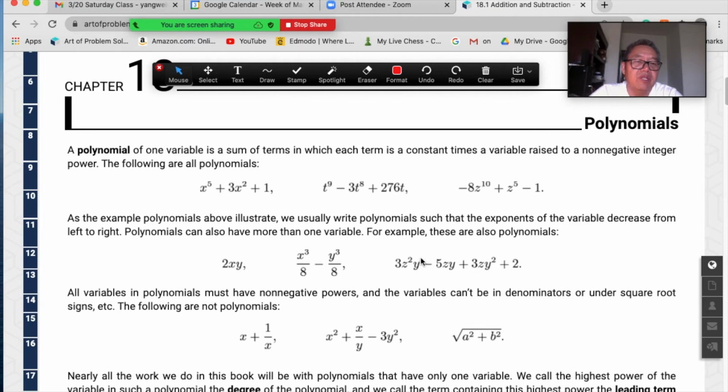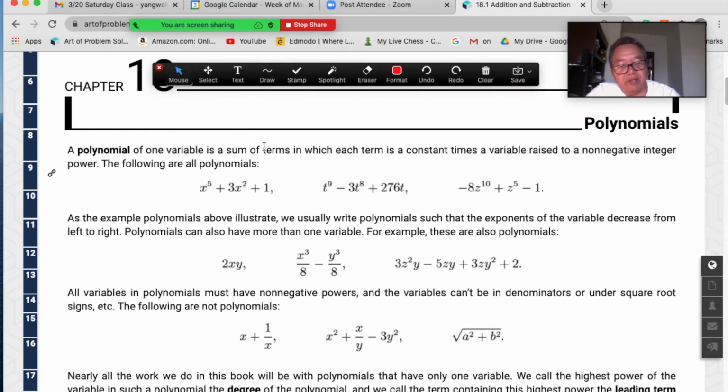Y has degree 1. 2 plus 1 is 3. This term has degree 3. This term has degree 2. This one is 3. So among all these terms, the highest are this one and this one. So the leading term can be this one or this one, but the degree is 3.